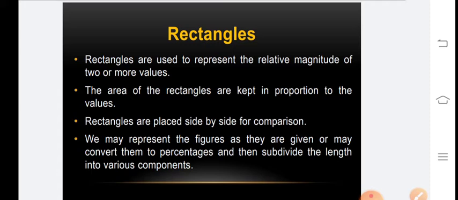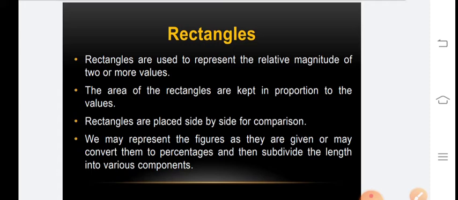So this rectangle diagram is used for the comparison of two factors' data. The rectangles are placed side by side for comparison purposes.